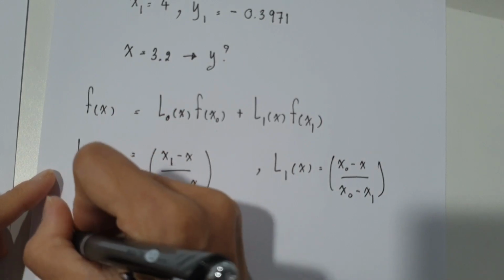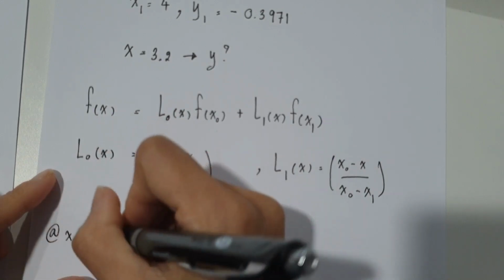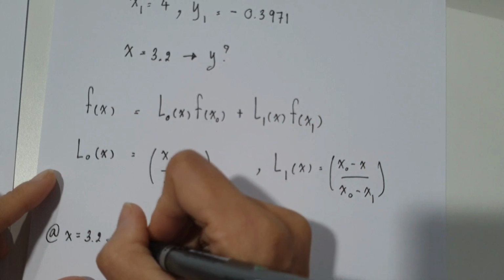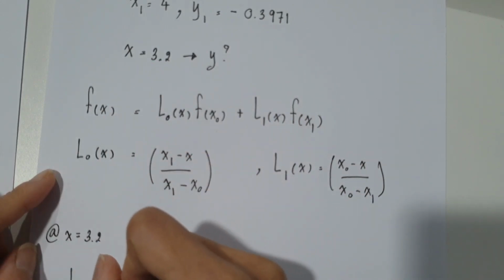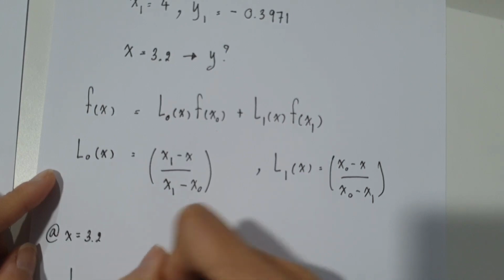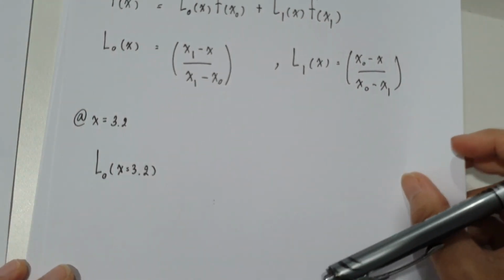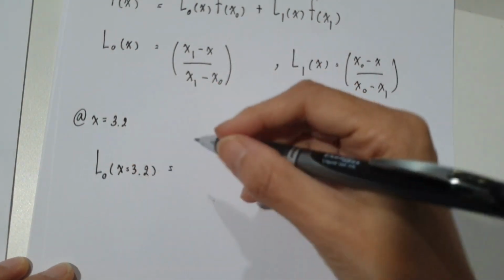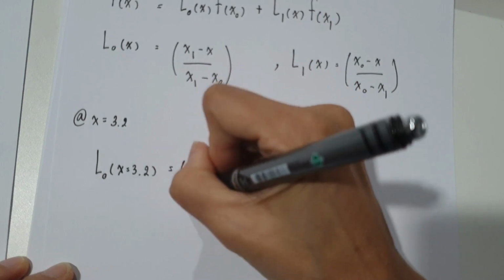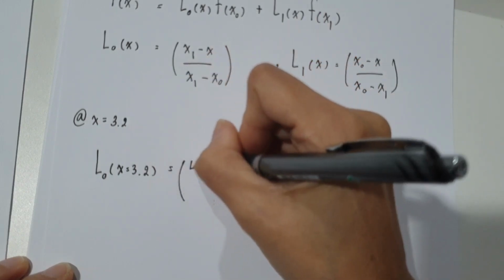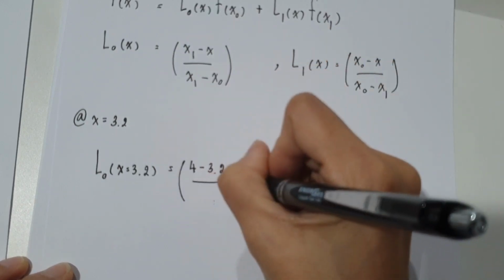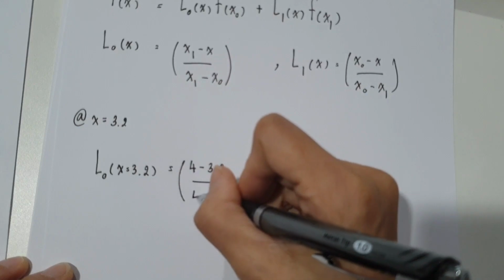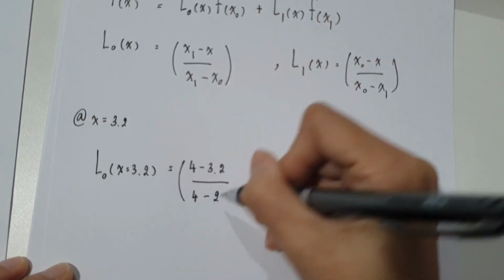So at x equal to 3.2, what you do is substitute x equal to 3.2. L0 will equal x1, which is 4, minus 3.2, divided by x1, which is 4, minus x0, which is 2.